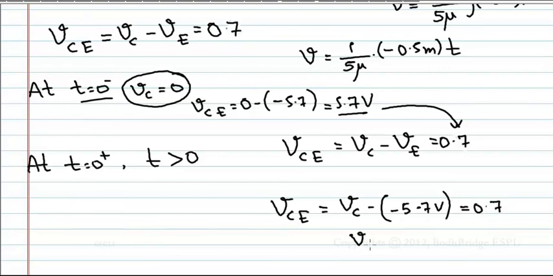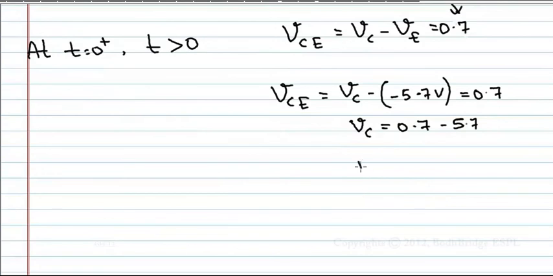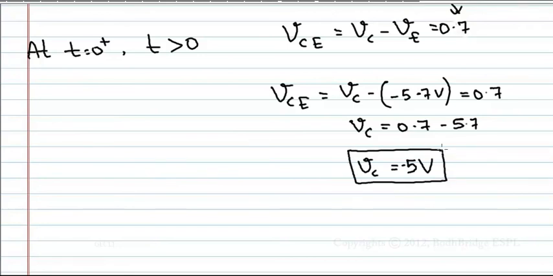Therefore VC is 0.7 minus 5.7, equal to minus 5 volt. When VC becomes minus 5 volt, then it has come into saturation.